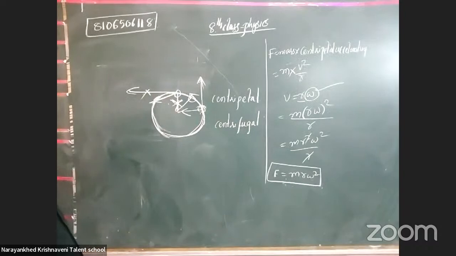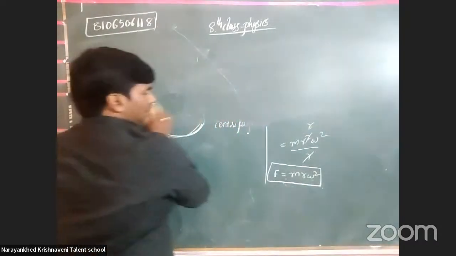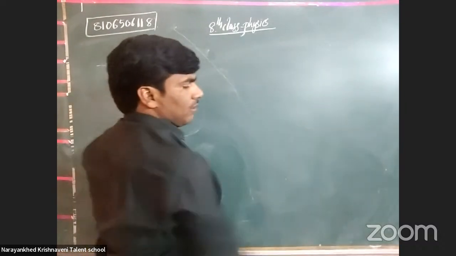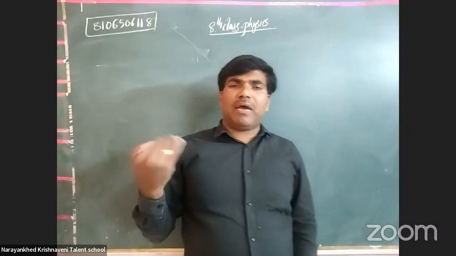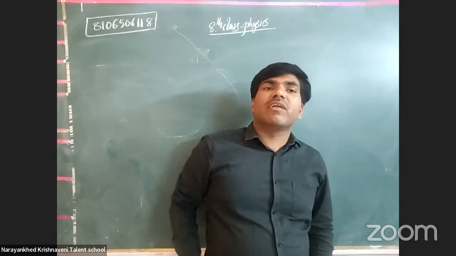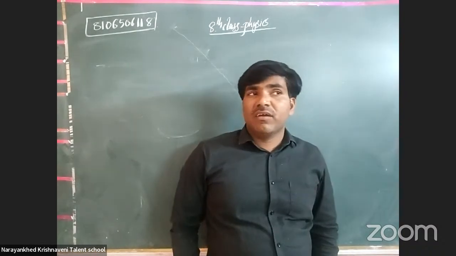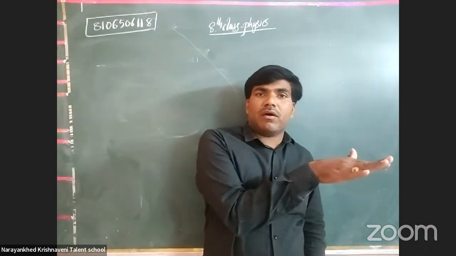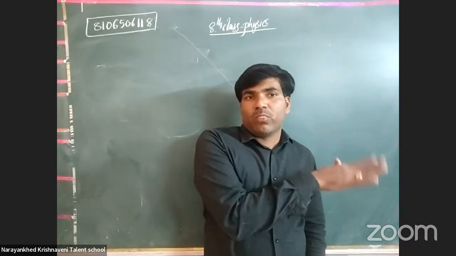Got it? And when traveling in a car, suddenly the car turns to the left side. When we are sitting in the back, we fall towards the right side. That's because of what? Centripetal force. Got it or not? Imagine the car turning left, we fall towards the right side. Why?